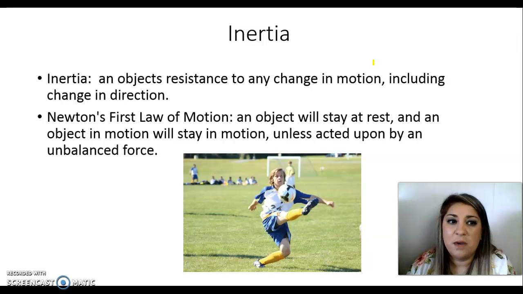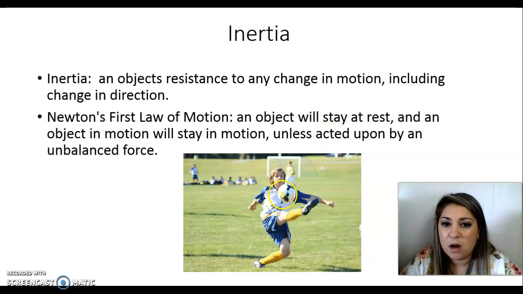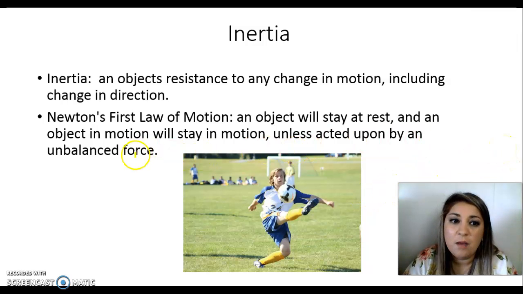So we can relate this back to Newton's first law of motion, which states that an object at rest will stay at rest and an object in motion will stay in motion unless acted upon by an unbalanced force. So remember when we talked about the soccer ball in class together, that if this soccer player kicks this ball, the ball would just keep going and going forever until an unbalanced force acted upon it.